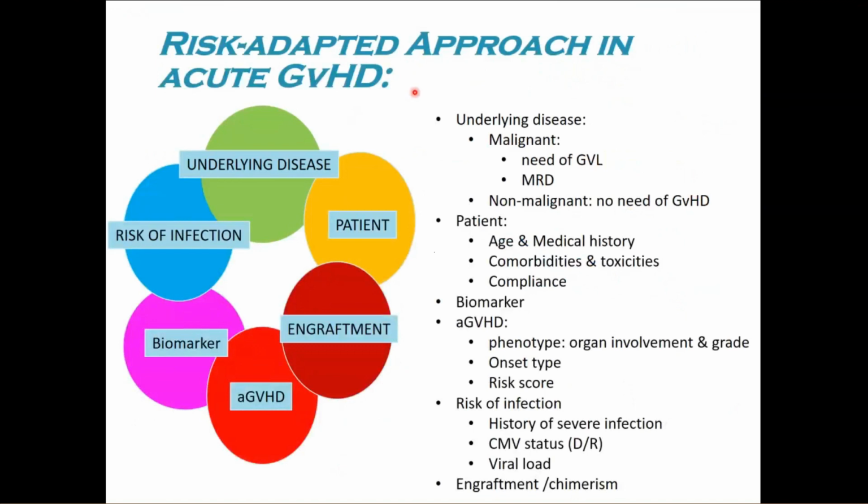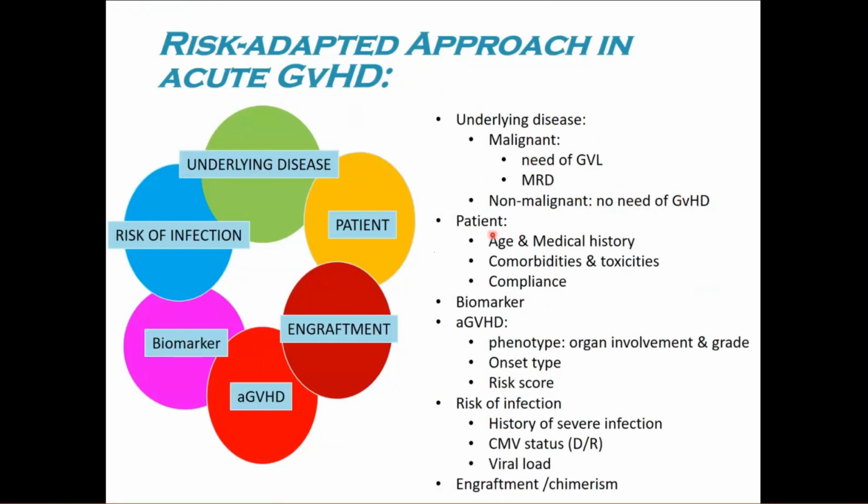First, it should take into account the kind of underlying disease, so that in malignant underlying diseases, we have the need of graft-versus-leukemia effect, and we have to take into account the level of MRD. In non-malignant diseases, acute GVHD should be avoided in any case because there is no need of graft-versus-malignancy effect.